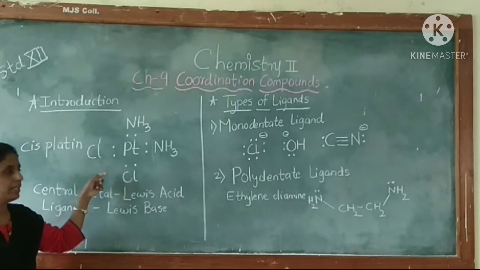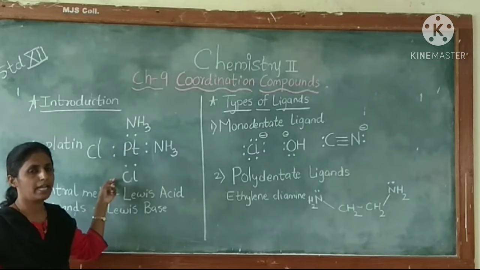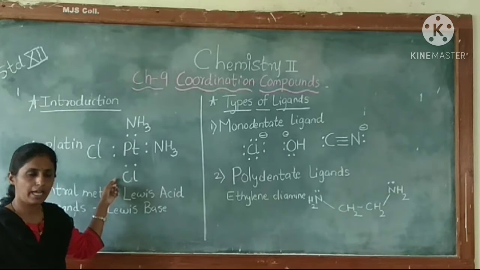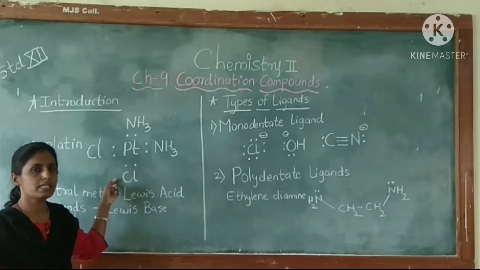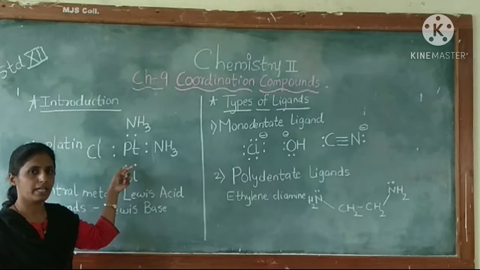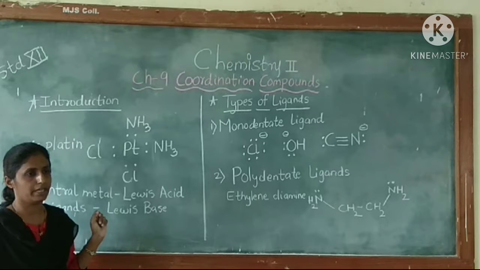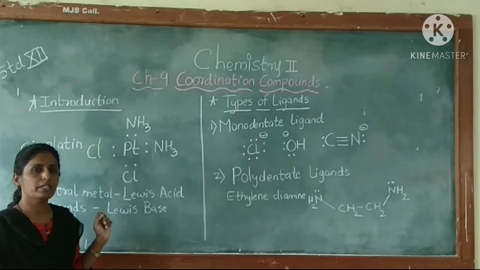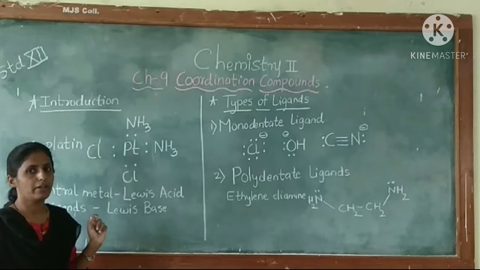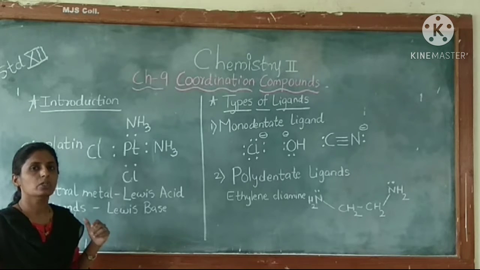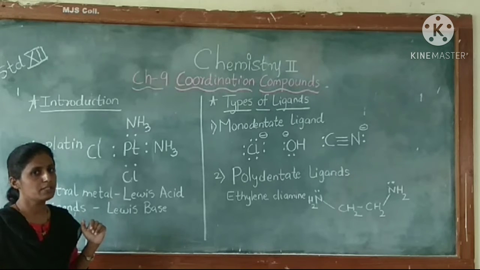Now you must be wondering how these ligands are attached to the central metal atom. These ligands are attached to the central metal atom through a special type of bond known as a coordinate bond. A coordinate bond is a type of covalent bond in which the shared pair of electrons is donated by one of the species.